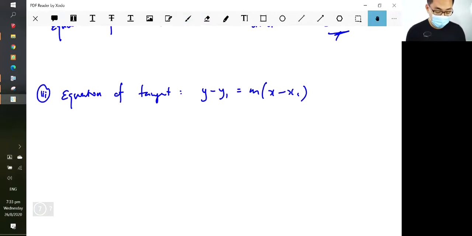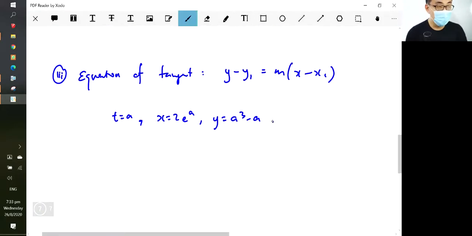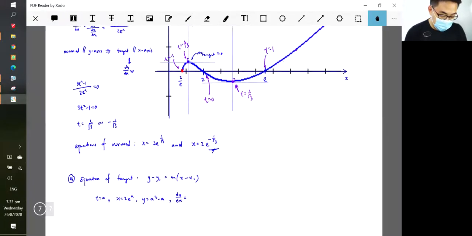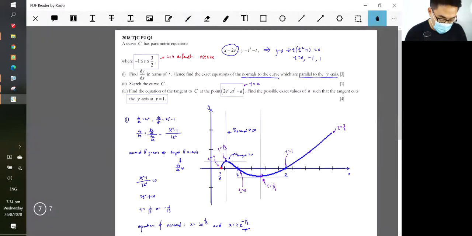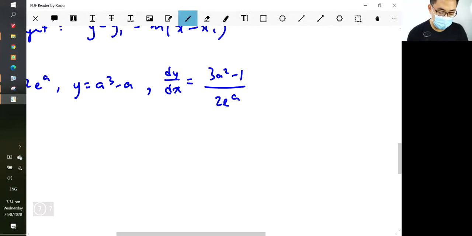So when t equals A, x equals 2e^A, y equals A cubed minus A, which is not surprising because that was the point given to us. Then dy/dx is what? It is 3A squared minus 1 over 2e^A.